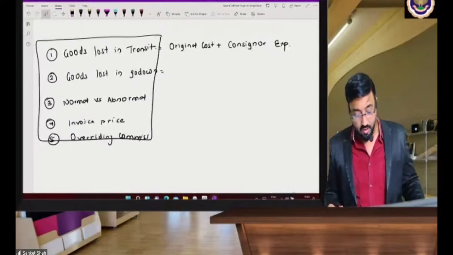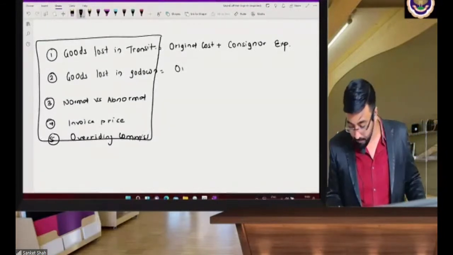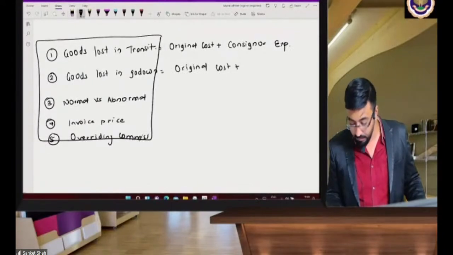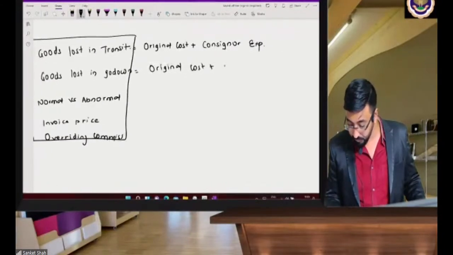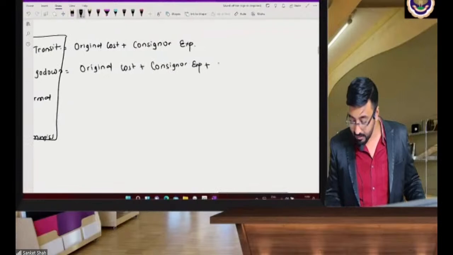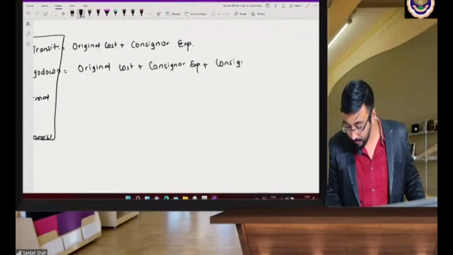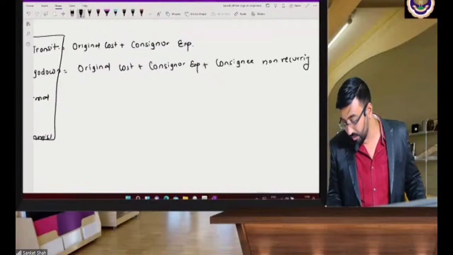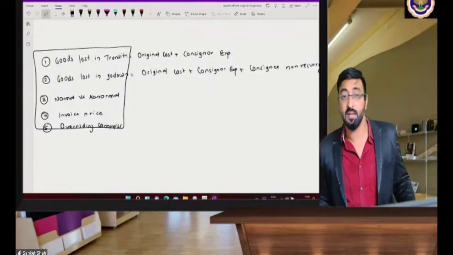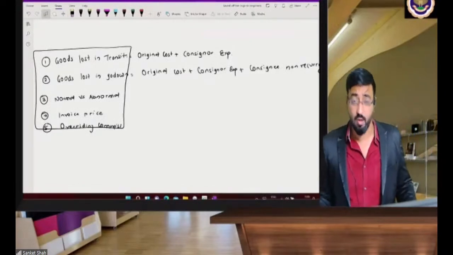Now, goods lost in godown. The answer is original cost plus consignor expenses plus consignee's non-recurring expenses. So you got the goods lost in transit concept, then the second question, goods lost in godown, and you got this answer also.